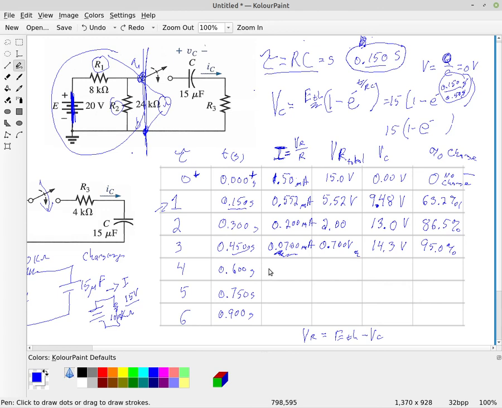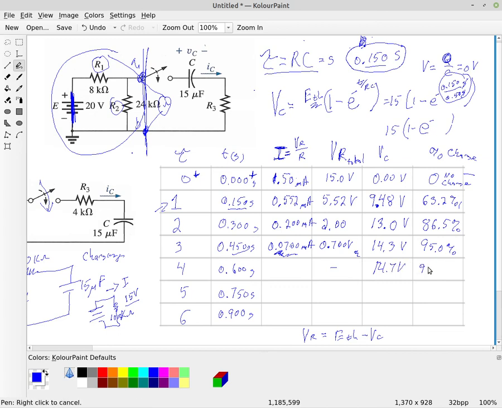We calculate VC using this equation again, and that gives us 14.725, so we'll call it about 14.7 volts.